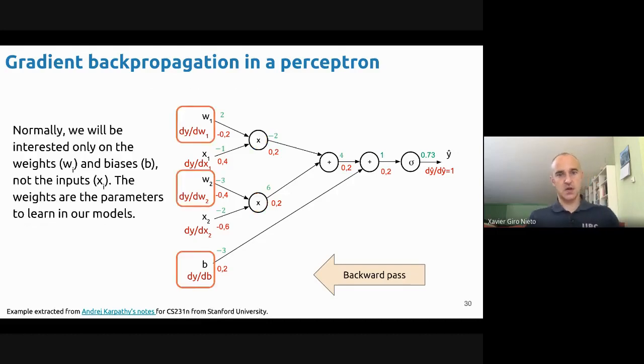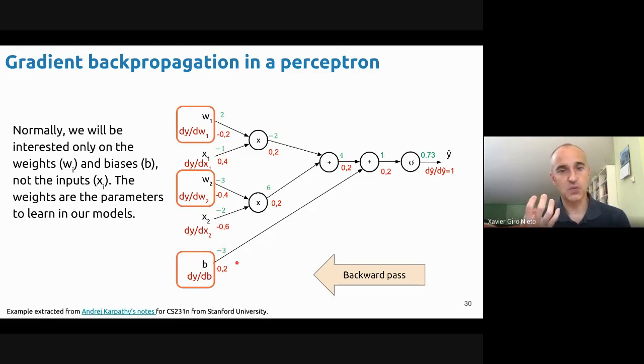So what's the interest of this result? We are done now. We already reached the input, and we managed to compute what we wanted. Now we want the partial derivative of the output with respect to W1, W2, and B. These are the parameters of the model.